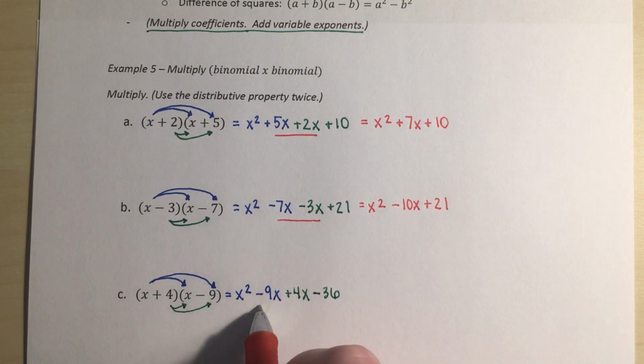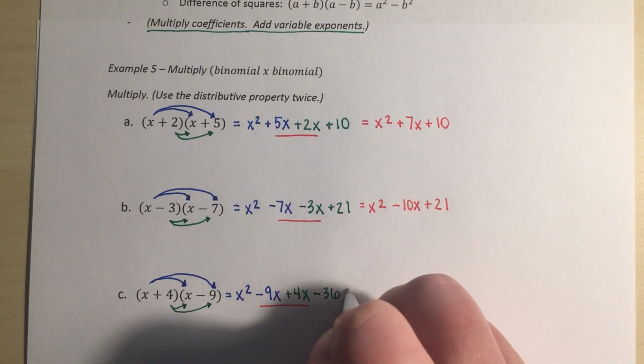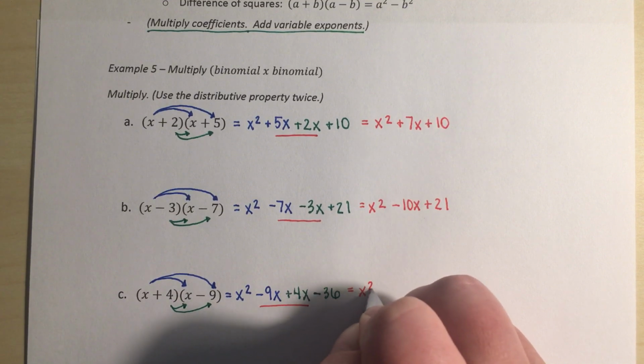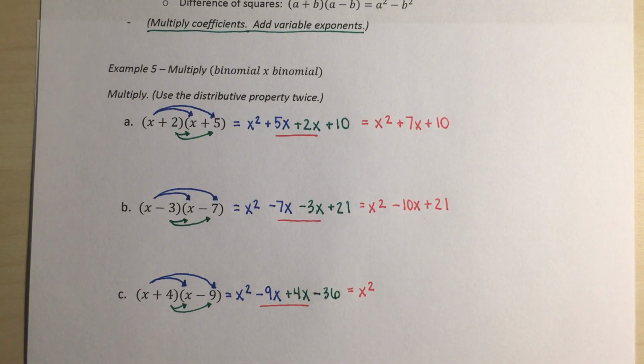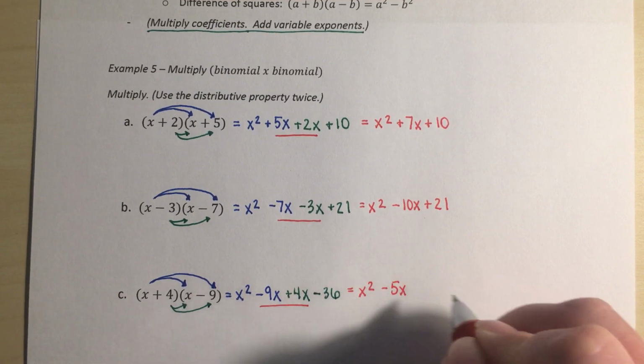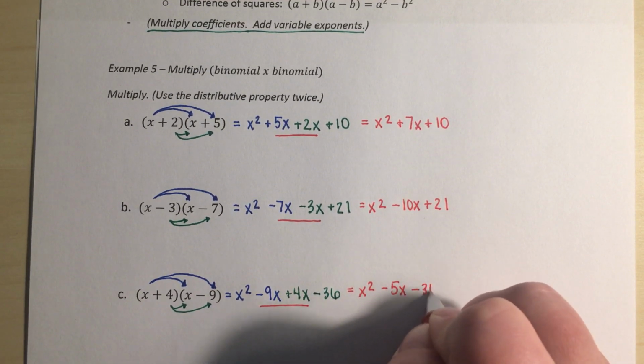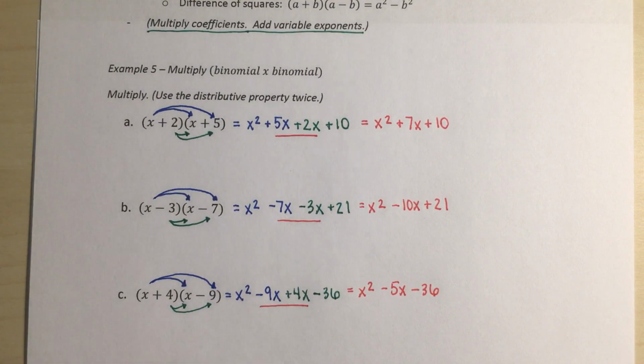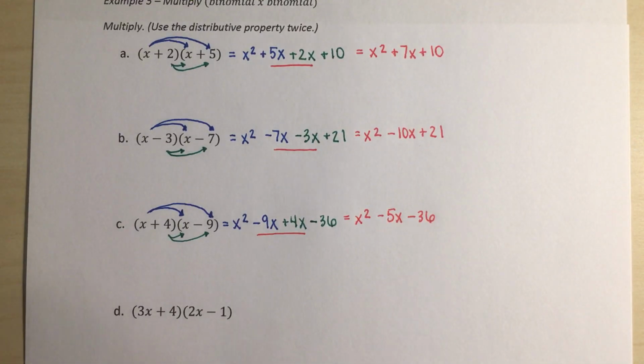Again, we're going to combine our middle two terms. Negative 9x and positive 4x, different signs, so we subtract. So we get x squared minus 5x minus 36.